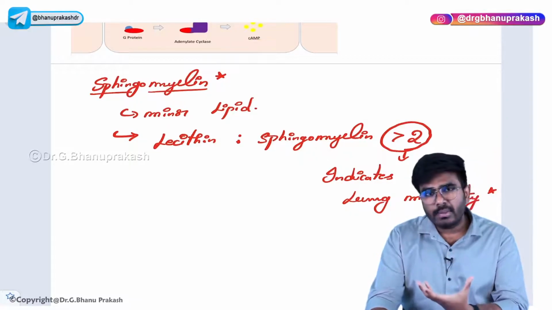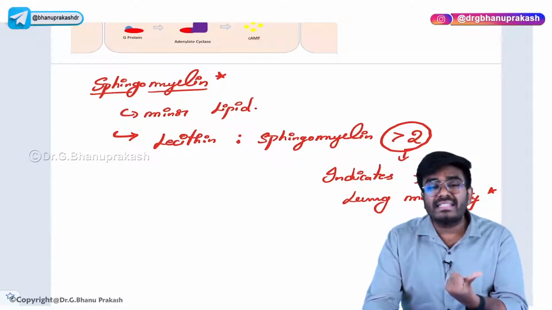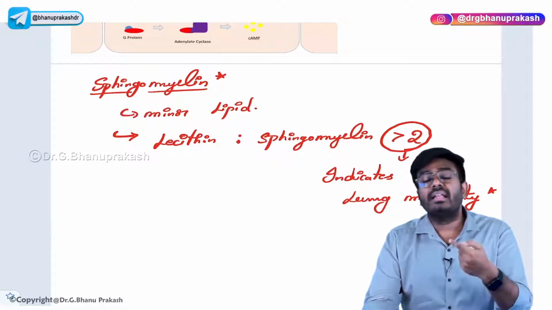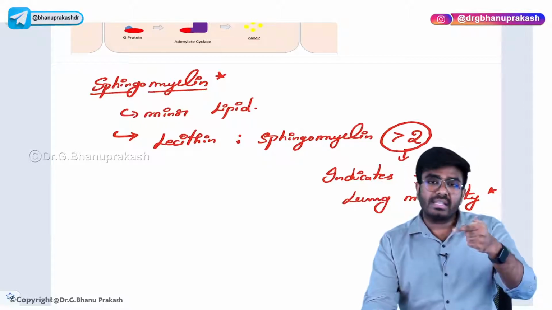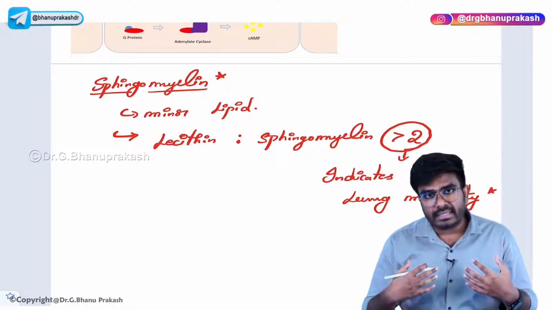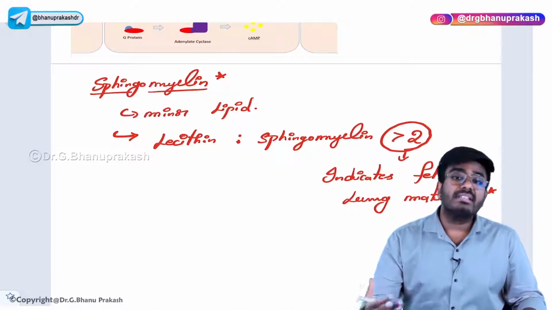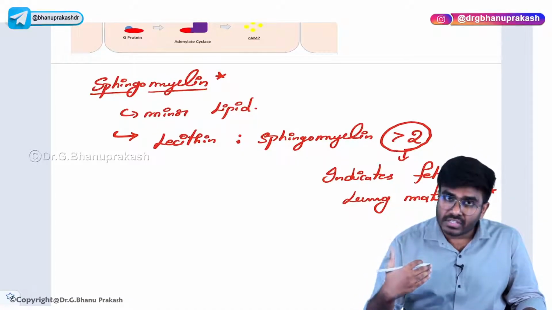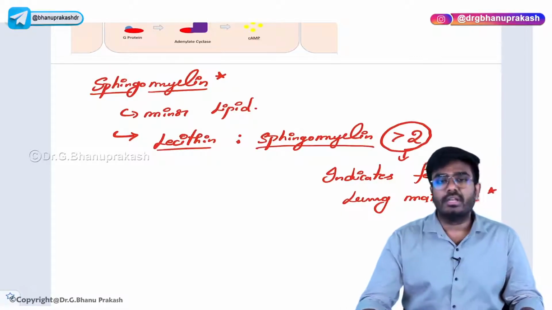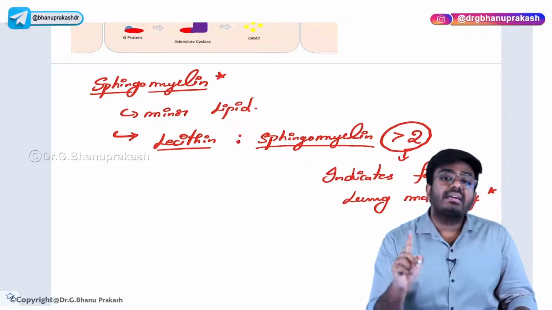Surfactant is nothing but lecithin as well as sphingomyelin. So whenever the ratio between lecithin and sphingomyelin is greater than 2, it indicates there is enough surfactant in the fetal lungs. Now we can say that the fetal lungs are getting matured enough. Surfactant is there, decreasing the surface tension.